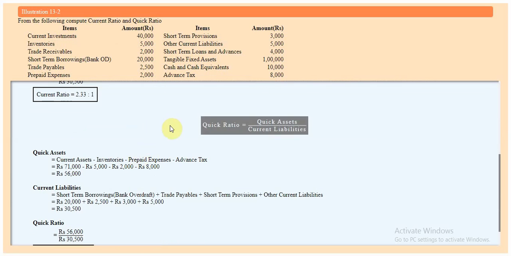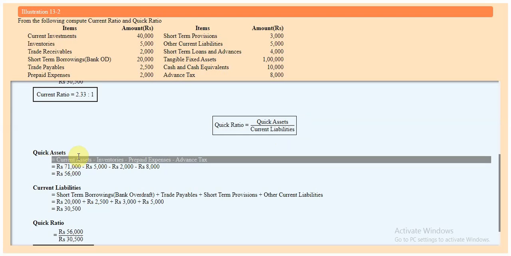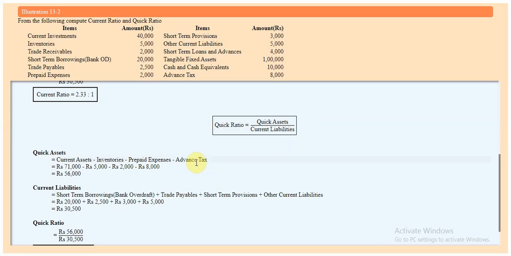Now we will move on to find out quick ratio. For finding quick ratio, we need quick assets and current liabilities. Current liabilities we already found out in the previous subdivision itself, so we will take the same value. Now for quick assets, quick assets is equal to current assets minus inventories minus prepaid expenses minus advance tax.